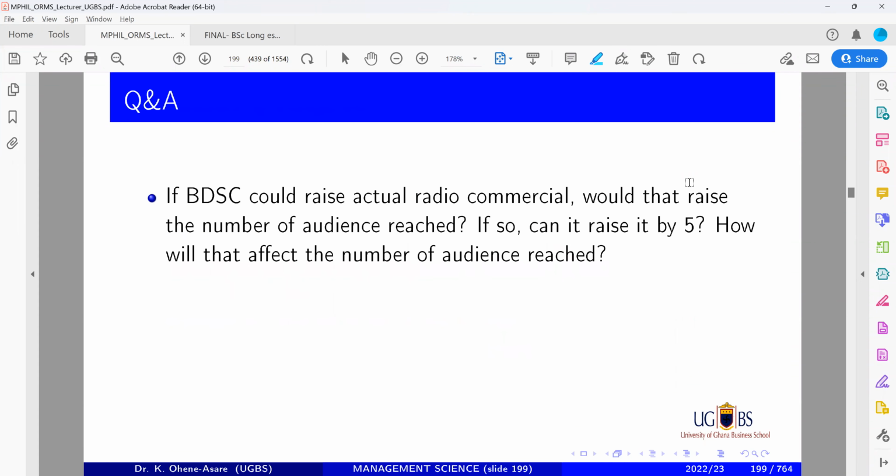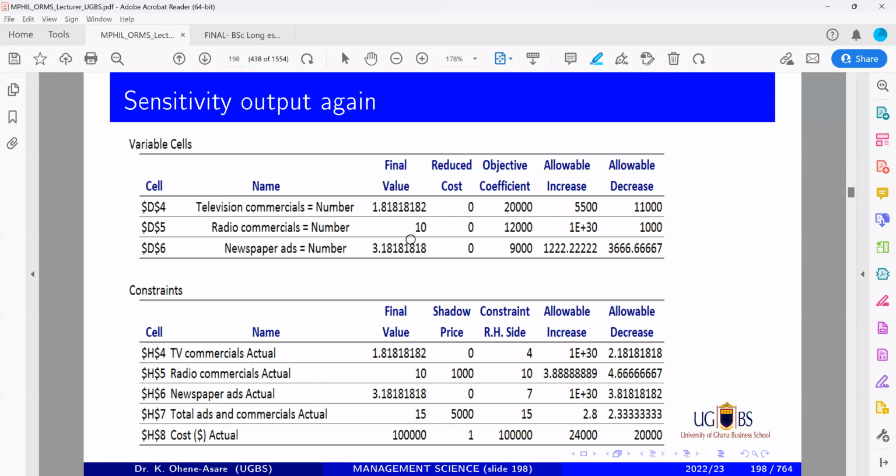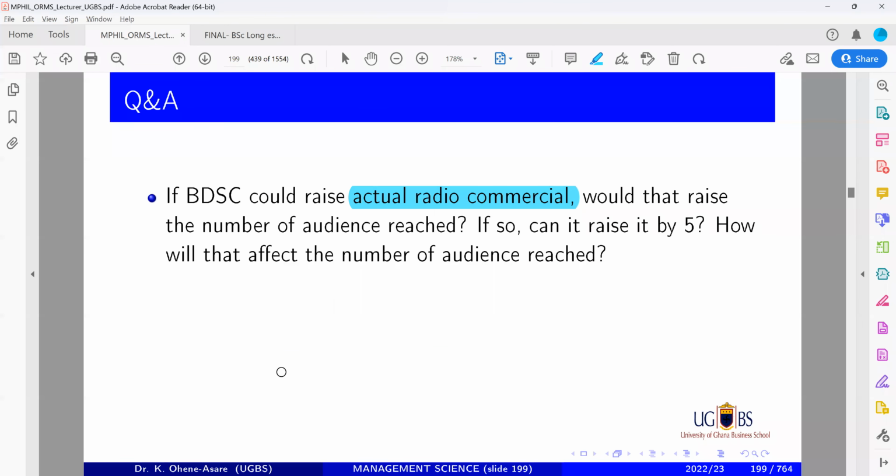Now let me ask you a tricky question. If BDSC could raise the actual radio commercial, watch the word, actual radio commercial, would that increase the number of audience reached? Where is the actual radio commercial? This is it. If they should raise the actual radio commercial, would that raise the number of audience reached?